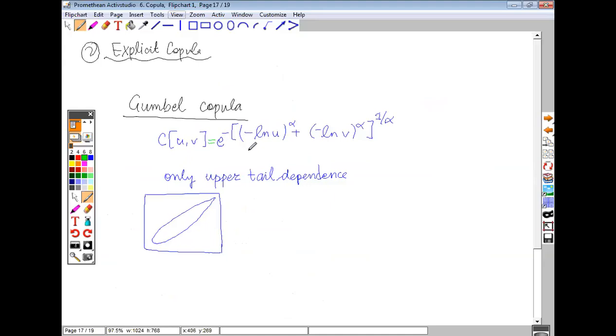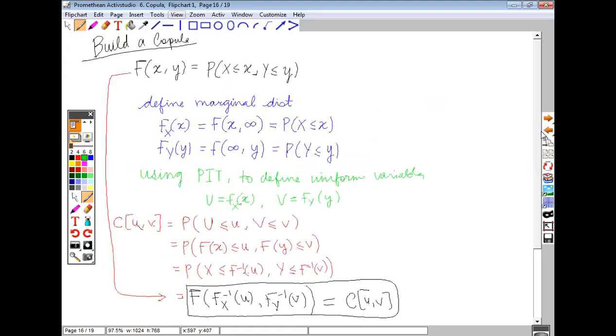So if I try to figure out what exactly my f is, I can actually do that in the case of the Gumbel copula. In your book, they have given you this directly in terms of something else. We know that whatever we have outside, we have its inverse inside, right?